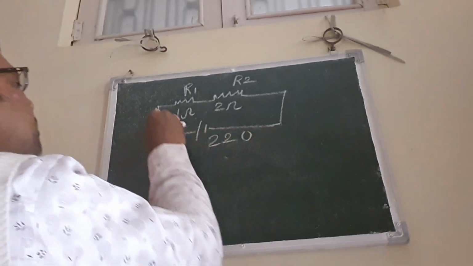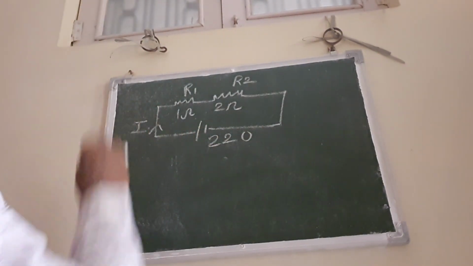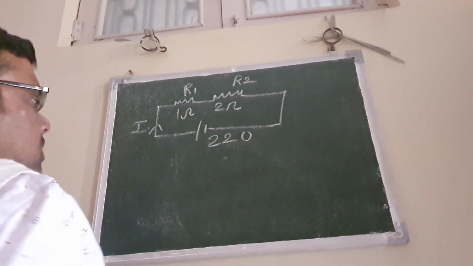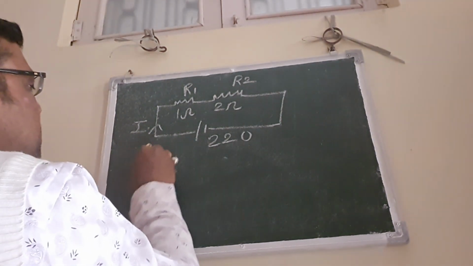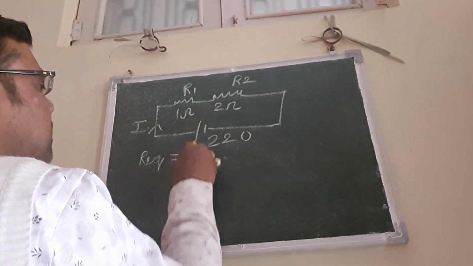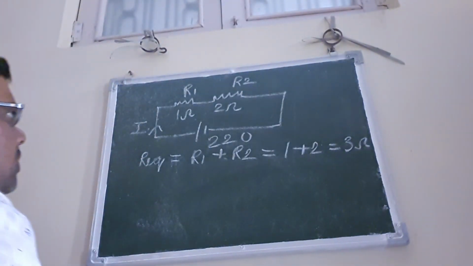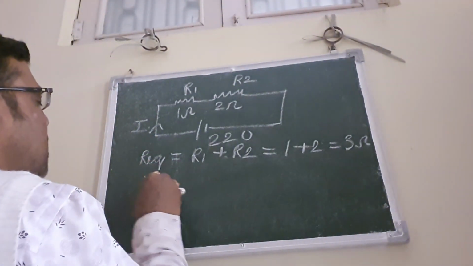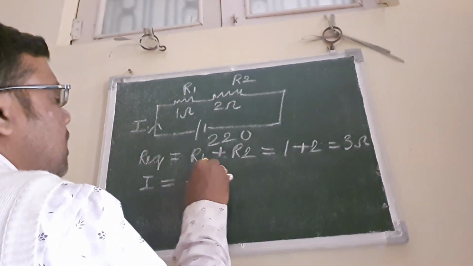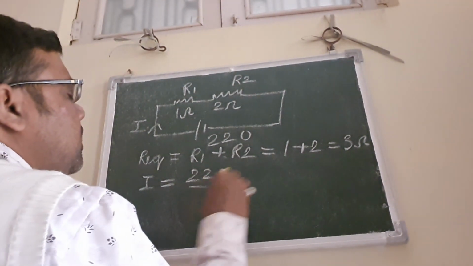So we have to find the total current that is flowing through this circuit. The equivalent resistance of the series combination will be the sum of R1 and R2. So it will be 1 plus 2, so it will be 3 ohm. So now the current flowing through this circuit will be 220 upon 3.